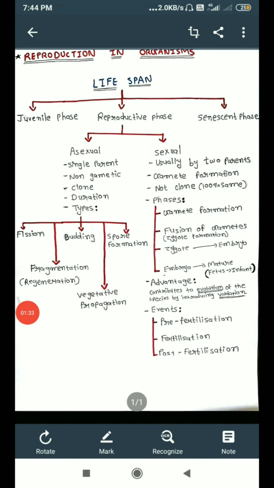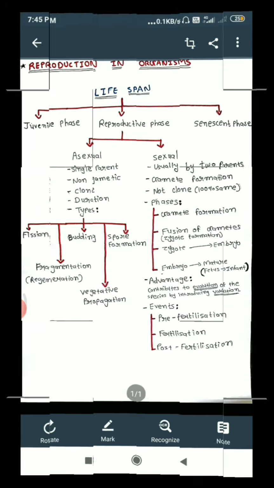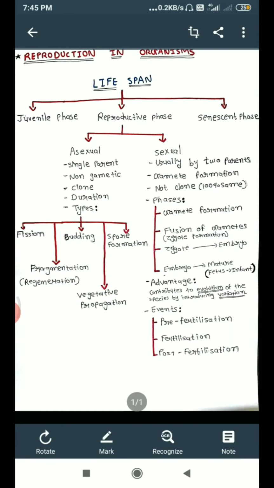But you know that not in their whole life are organisms able to reproduce, right? Only for a certain period of time can they reproduce, and this phase is known as the reproductive phase. But there are two other phases during our lifespan: one is the juvenile phase, and the last is the senescent phase.